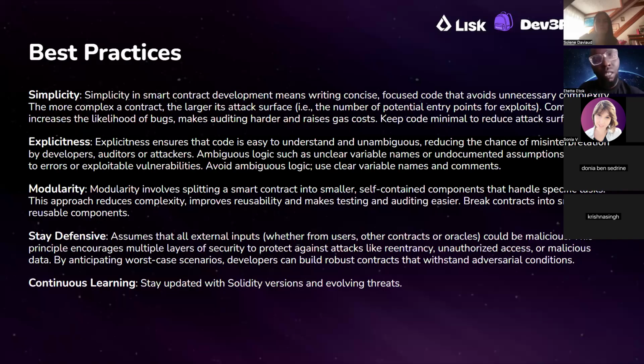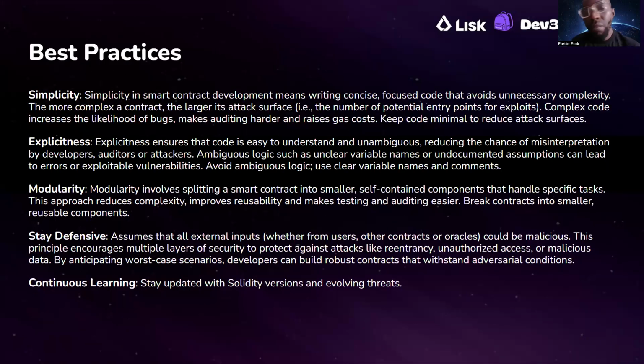And explicitness, of course. It should be human readable and understandable, right? You shouldn't make it very ambiguous. We shouldn't put too much into one smart contract. By this I mean, I'm talking about modularity. It's okay to split your smart contract.